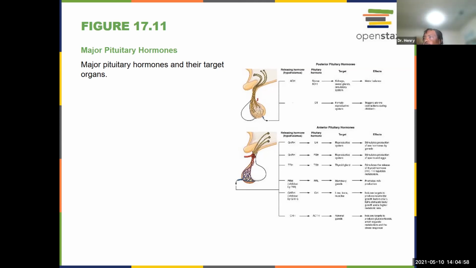I think we've covered everything, and we know that it's a positive feedback loop. Oxytocin is a positive feedback loop.